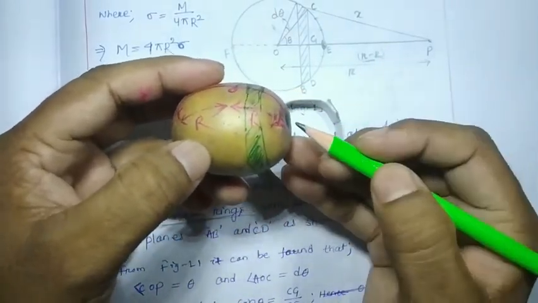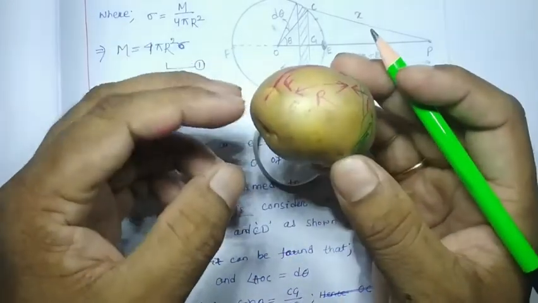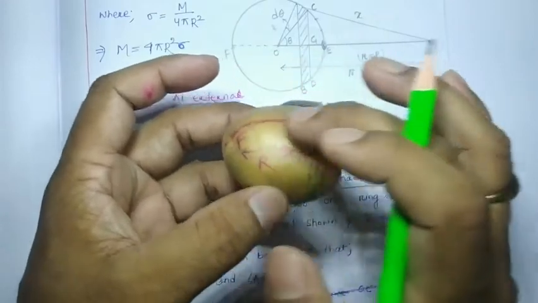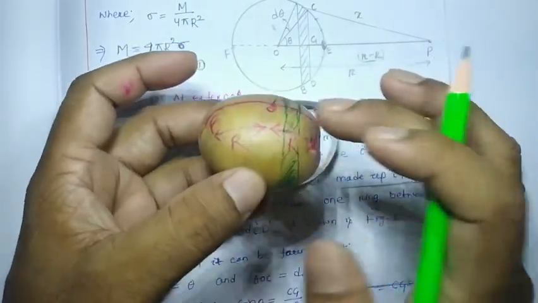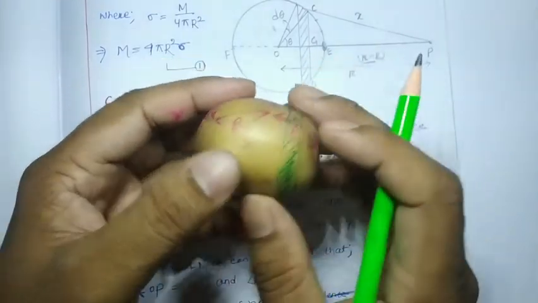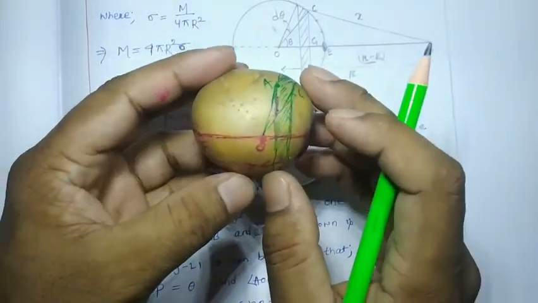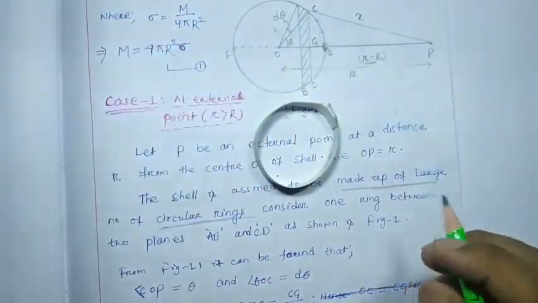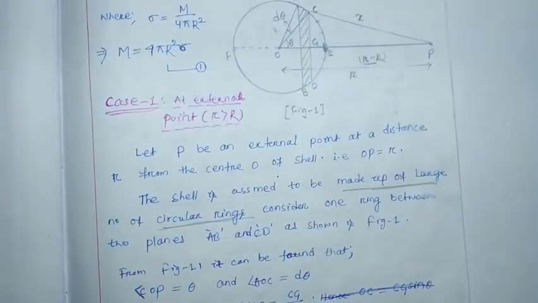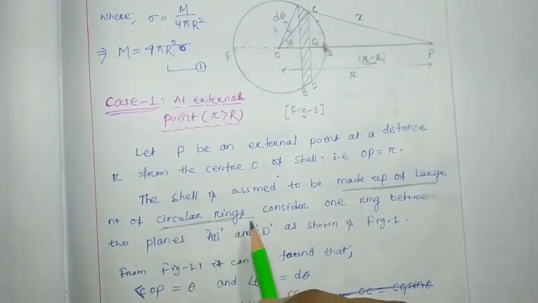So from here to here, there are a large number of circular rings of different radius. This is the important thing that you have to understand: the shell is made up of a large number of circular rings.